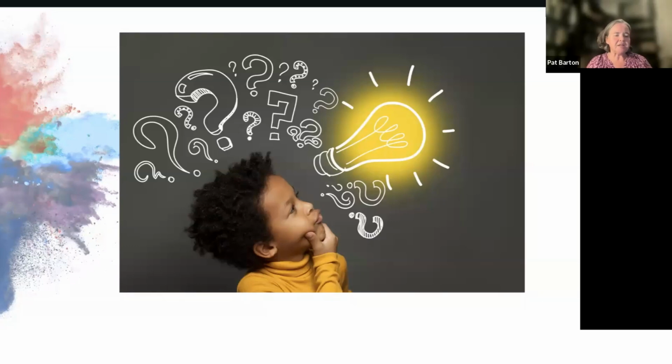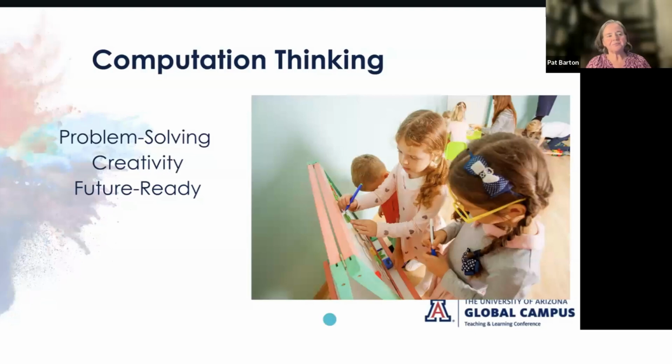So take a moment to think or jot down an idea of problem solving right now with young children. You can probably imagine a lot in the everyday routines of children that involve problem solving. Computational thinking is just a structured way to solve problems that can be broken down to be understood and even automated.